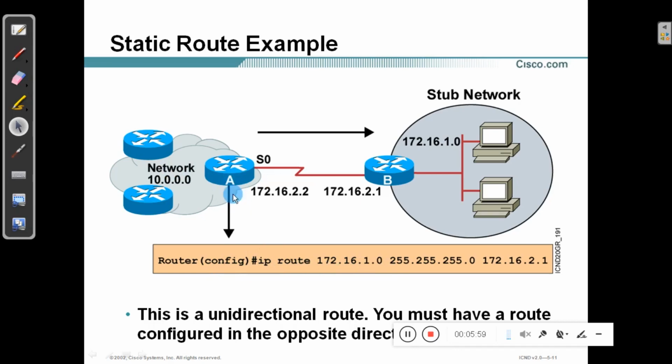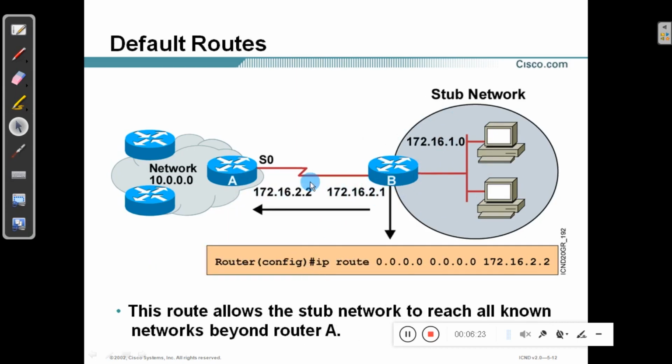Right now this network is configured like ip route 172.16.1.0. This is the entry in this router: to reach this 172.16.1.0 network, this is the mask, and the gateway is 172.16.2.1. To reach this network, this is the gateway for this router that has to be configured.